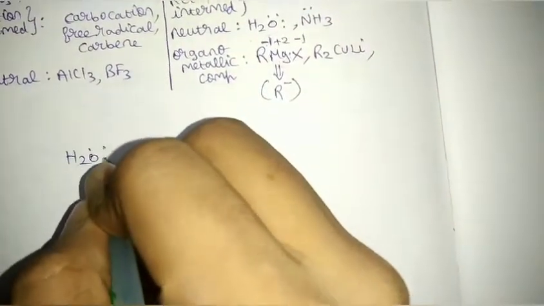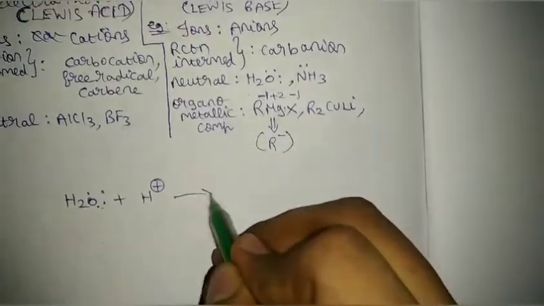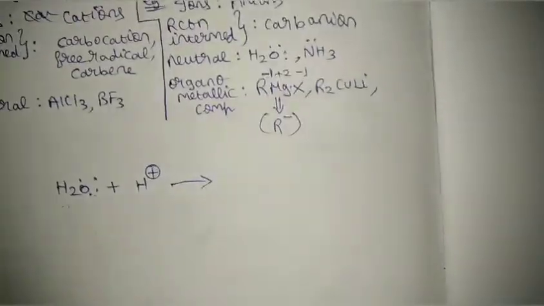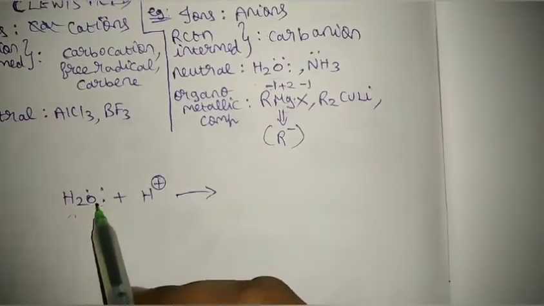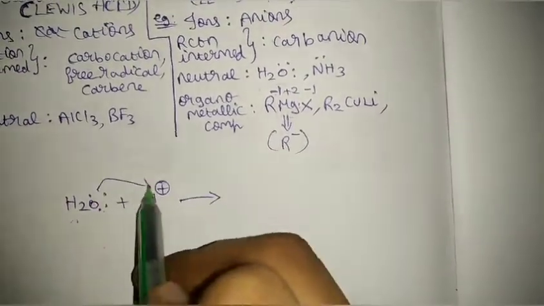I'll say how. For example, if you take H2O, this is a nucleophile, and if you take H plus, it is a cation basically. So it is a proton, okay. What happens here, this is deficient of electrons, H2O has more electrons, so it will give its electrons here.